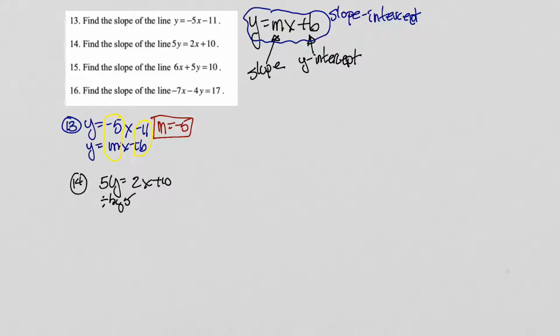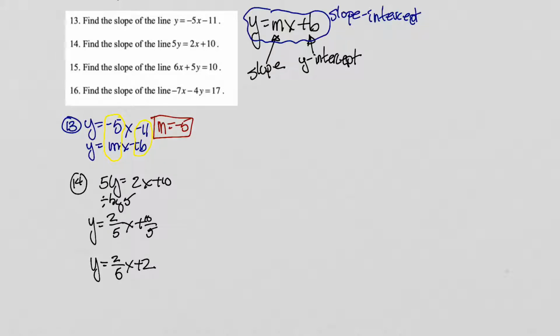Now we could divide the entire side by 5, or how about if we just divide each individual term by 5? That's going to give us this. Y equals 2 over 5x plus 10 over 5, or better, y equals 2 over 5x plus 2.